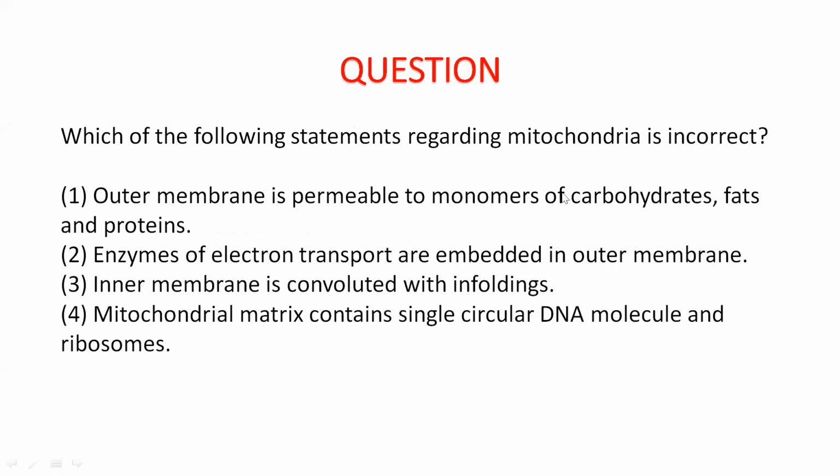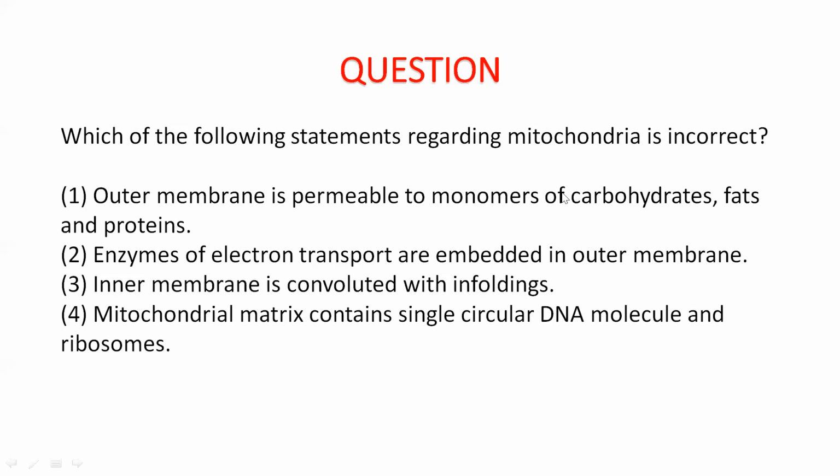So which of the following statements regarding mitochondria is correct? Outer membrane is permeable to monomers of carbohydrates, fats and proteins. This is correct to an extent. Enzymes of electron transport are embedded in outer membrane. This is true. Inner membrane is convoluted with foldings. This is correct. Mitochondrial matrix contains single circular DNA molecule and ribosomes.